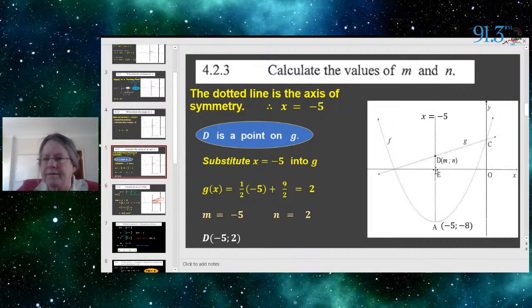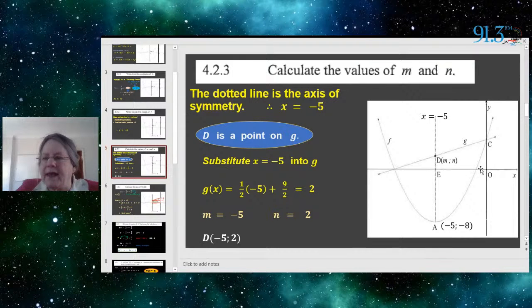Can you see that? So any vertical line or a horizontal line has an equation. And note, the y-axis has an equation too. It would be x equals 0.